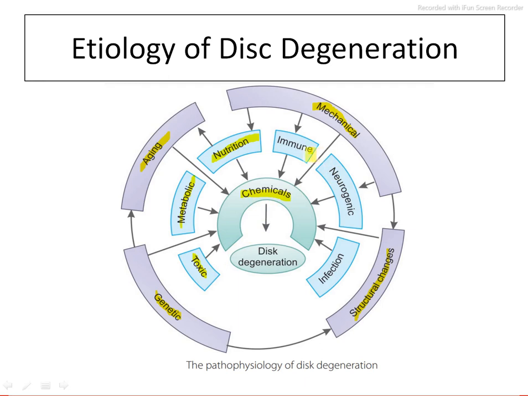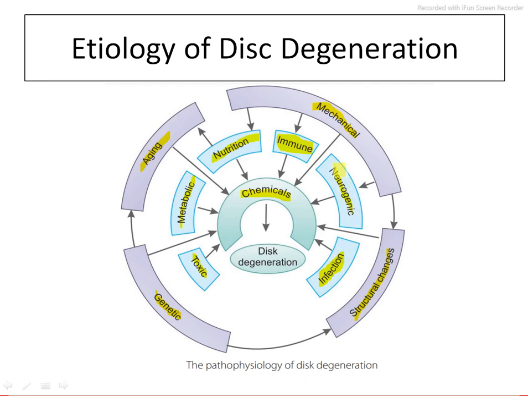It can also be because of the immune system, because when there is disc rupture or degeneration, it is said that the nucleus pulposus is immune-free, like its antigen has not been presented to the body. So when there is disc prolapse and the content of the nucleus pulposus is exposed, then autoimmunity sets in. And sometimes there is infection of the vertebral end-plate, Propionibacterium acnes, and because of these infections also it has been proposed that disc degeneration sets in.